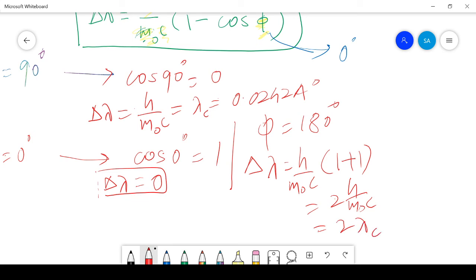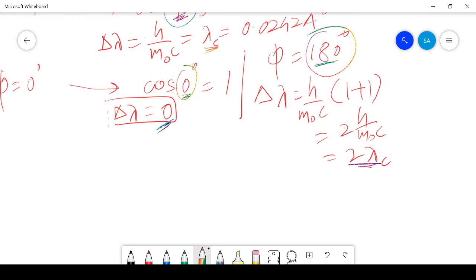So here we observed, and this is very important, that if the angle is 0, the shift in wavelength is also 0. If the angle is 90 degrees, then the shift in wavelength is equal to lambda c. If the angle is 180 degrees, then the shift in wavelength is equal to twice lambda c. So from this we observe that as the scattering angle increases, the shift increases. If the scattering angle is 0, there is no Compton shift.